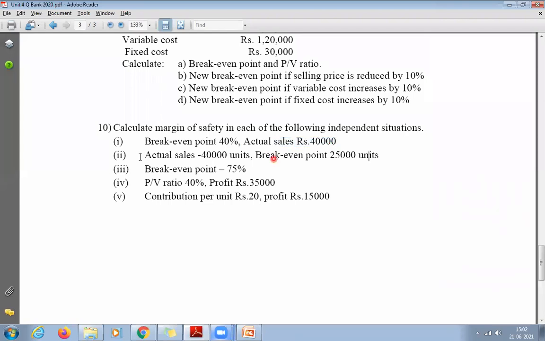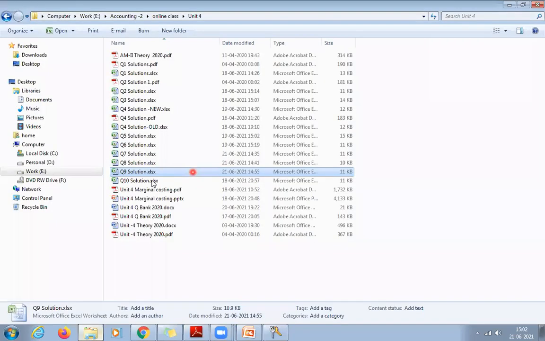Second, actual sales of 40,000 units, break-even point is 25,000 units. Third, break-even point is 75%. Fourth, PV ratio is 40% and profit is 35,000. Fifth, contribution per unit is 20 rupees, profit 15,000. Thank you, Abhirami, for reading.